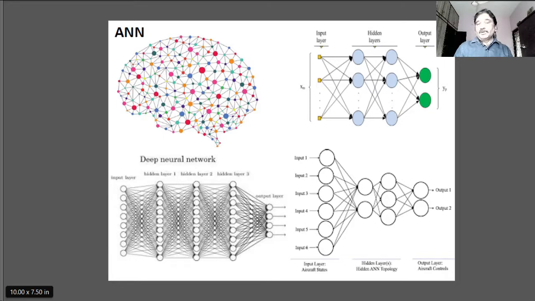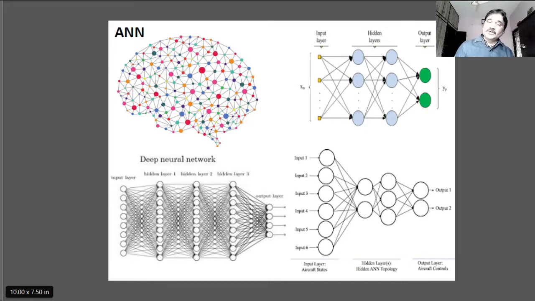In between the input layer and output layer, there will be multiple layers. Those are called hidden layers. In each of the hidden layers, it is your discretion to take the number of neurons. Like in this figure, you are seeing that there are two neurons in the first hidden layer and three neurons in the second hidden layer. You can have multiple hidden layers. In deep neural networks, there are so many hidden layers, right?